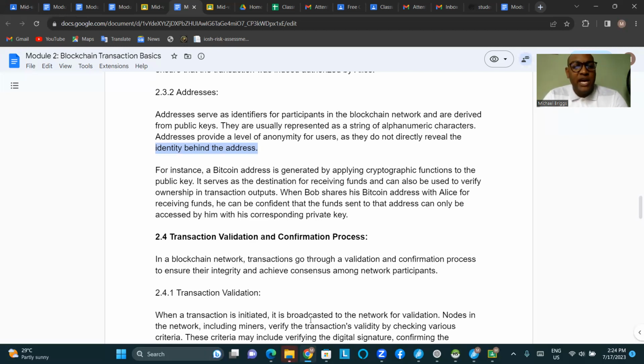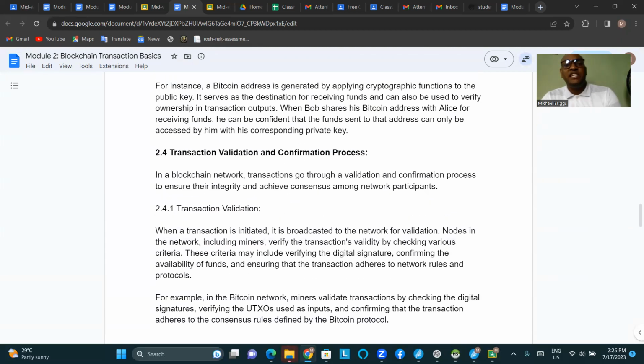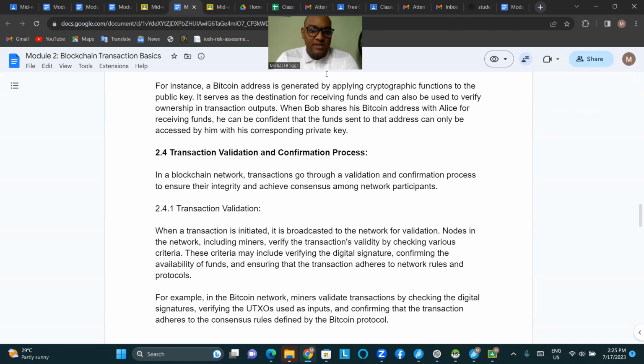Okay. Now let's move on to the last section, which is the transaction validation and confirmation process. So how are transactions validated and confirmed on the blockchain? In the blockchain network, transactions go through a validation and confirmation process to ensure their integrity and achieve consensus among network participants. Okay. So when a transaction is initiated, it is broadcasted to the network for validation. When we say broadcasted, it's sent across to all the nodes in the network.